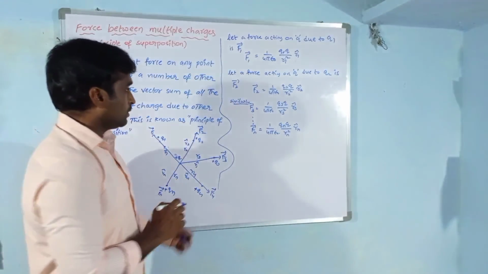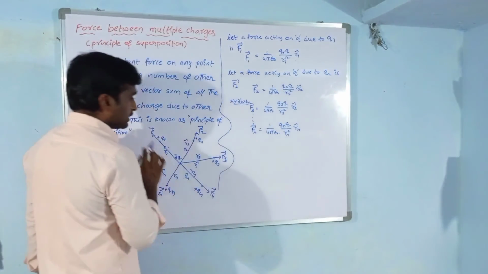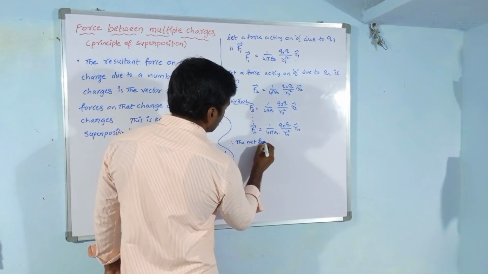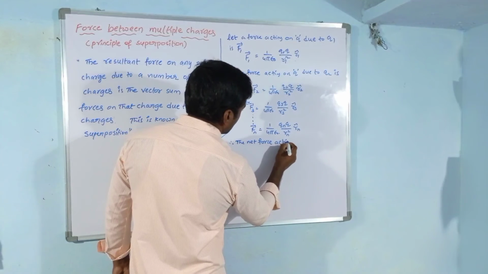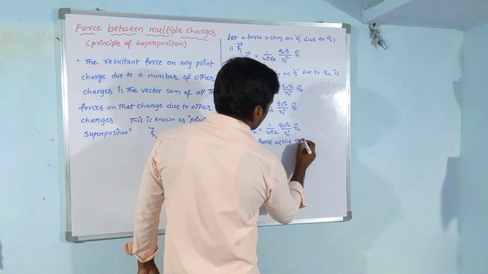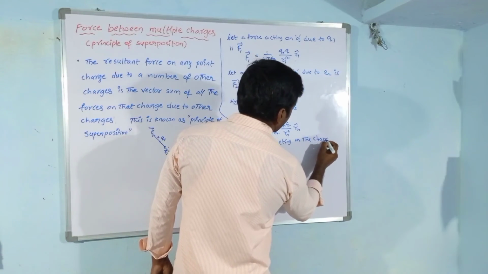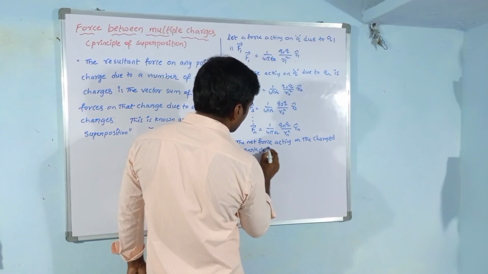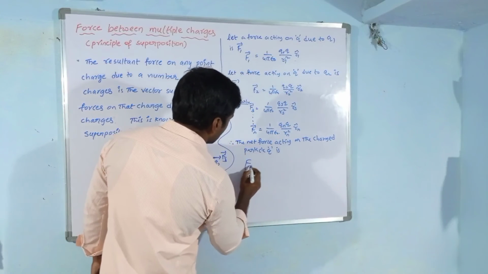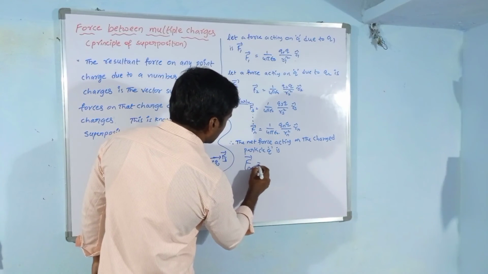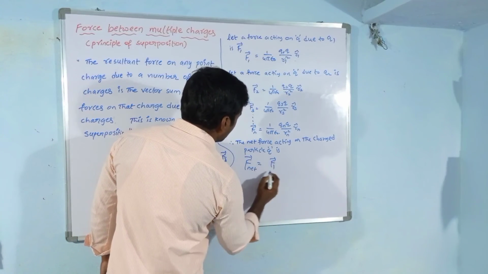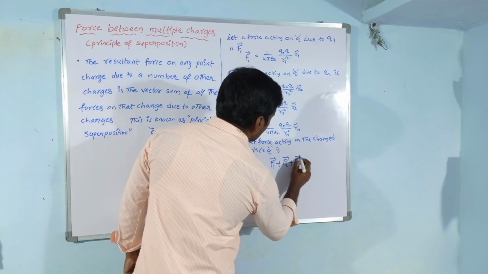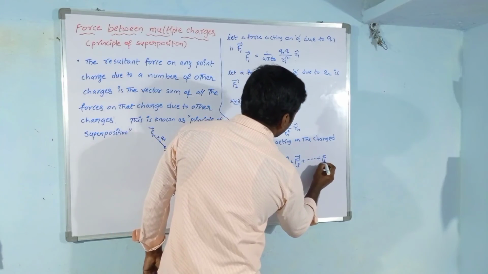Now the net force acting on the charged particle Q is F net equals F1 plus F2 plus F3 up to Fn.